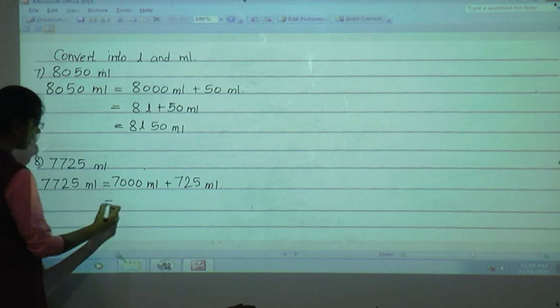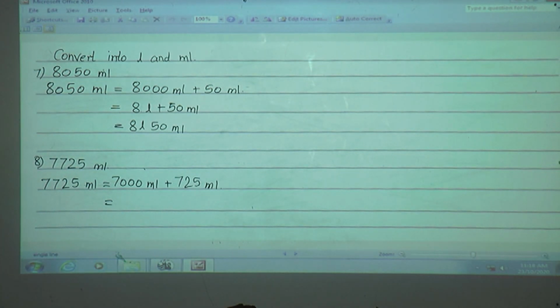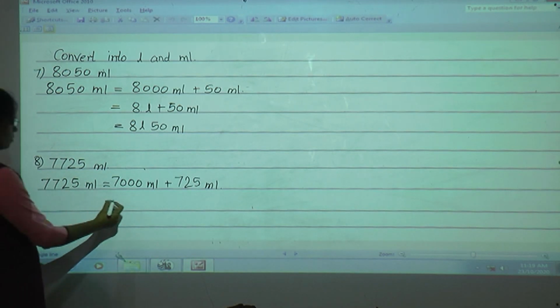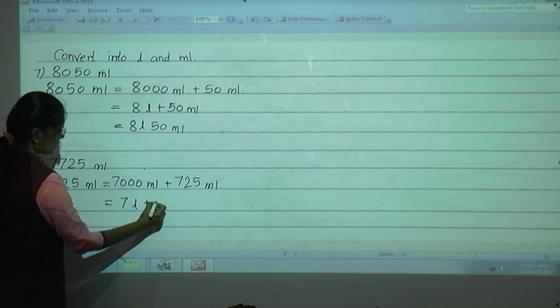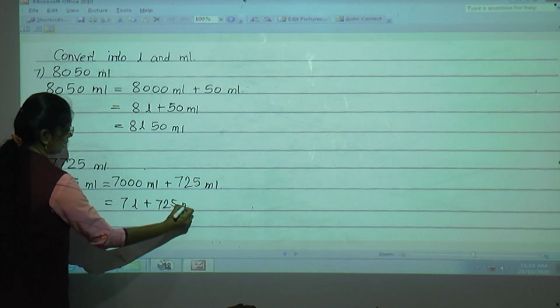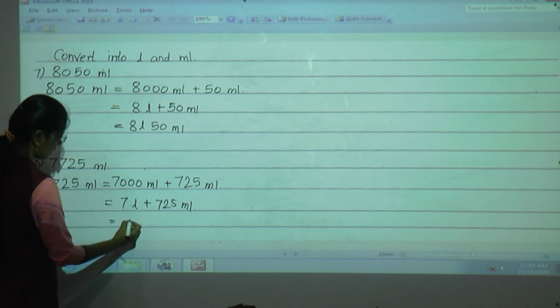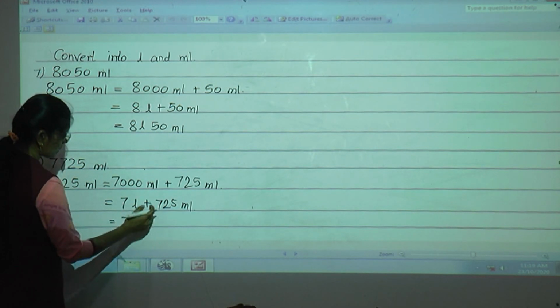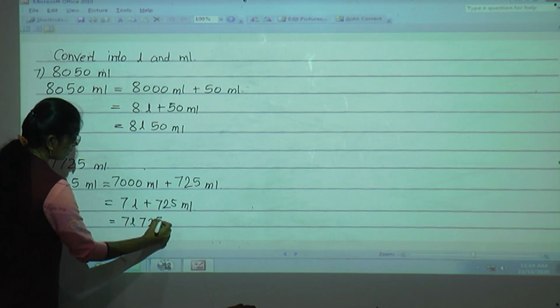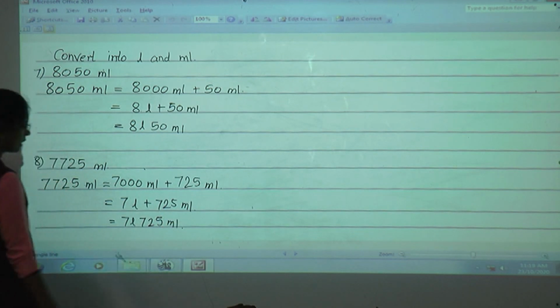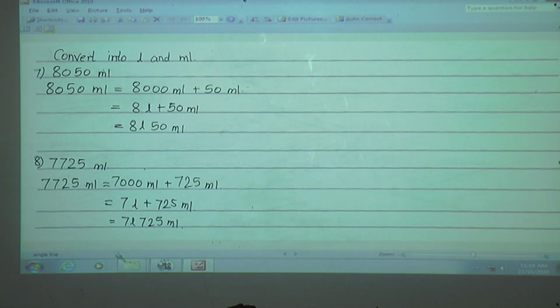Okay, now tell me 7000 ml is equal to what? 7000 ml is equal to how many liters? Yes, 7 liters. Okay, plus 725 milliliter. Now 7 liter, remove this plus sign and write the milliliter. How many milliliters we have? 725. So 7725 milliliter is equal to 7 liter 725 milliliter.